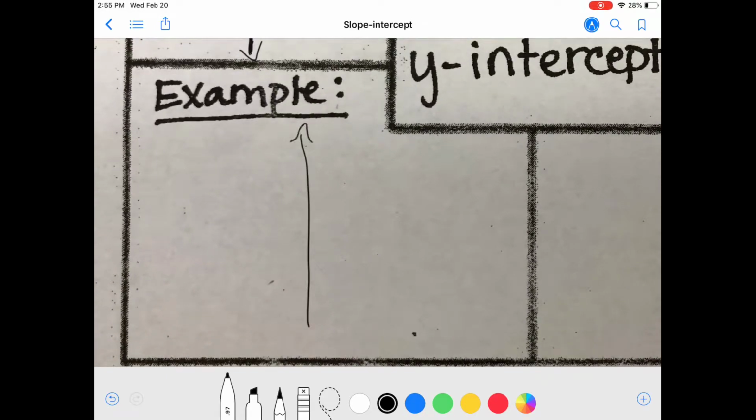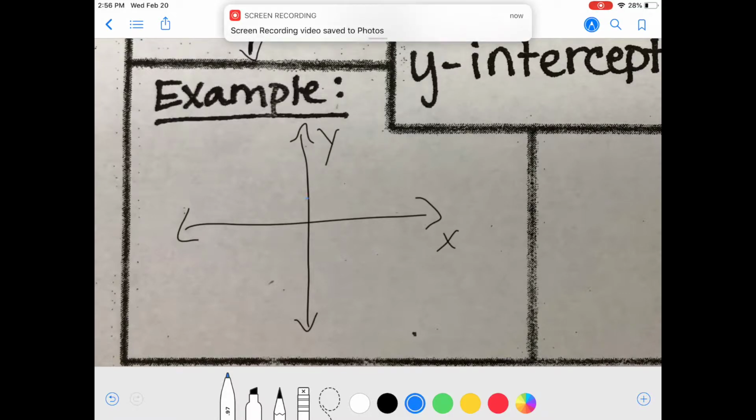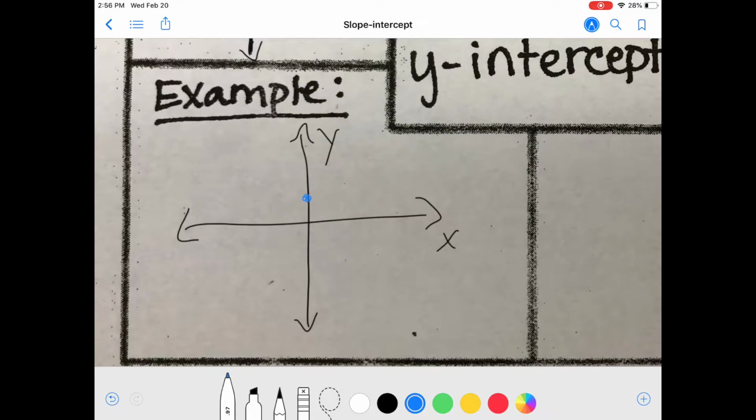So here's our y-axis, here's our x-axis, and then somewhere on our y-axis a line crosses it.